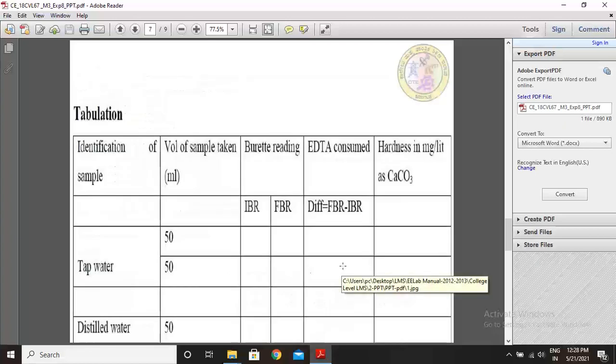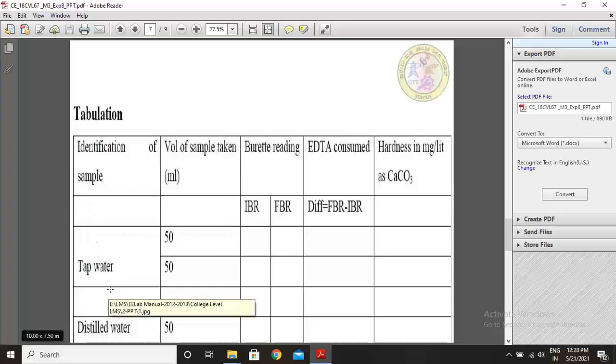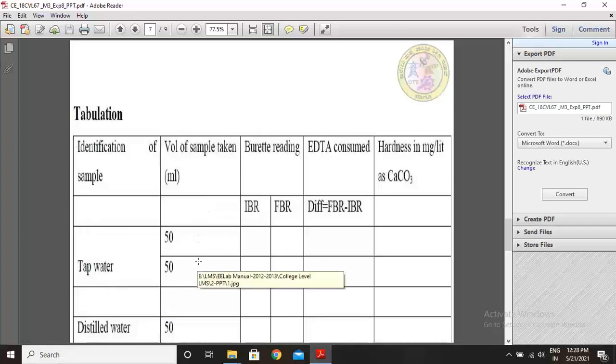What is the tabular column? See this format of tabular column. Here identification of sample, that we are writing as tap water. Next, volume of sample taken in mLs. So we are taking 50 mLs, with 2 trials. Next, burette reading. You enter the IBR readings and FBR readings, and you calculate the difference, that is FBR minus IBR.